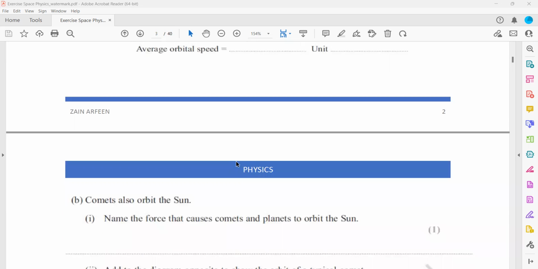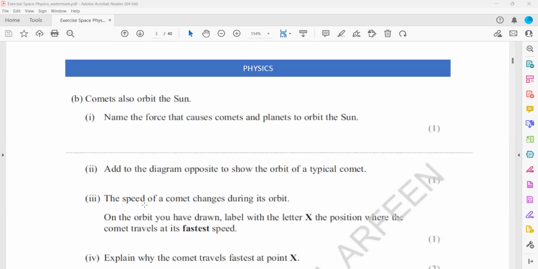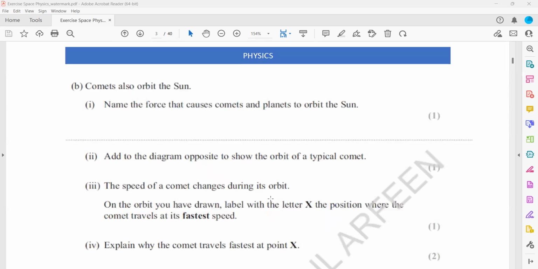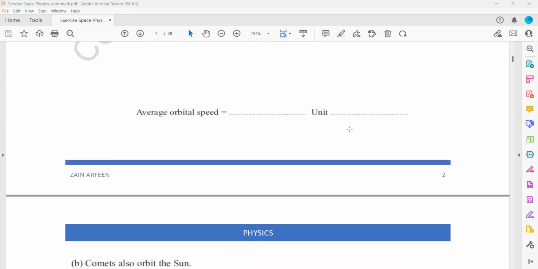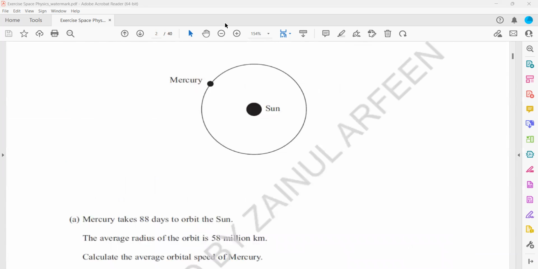And then the next one: the speed of a comet changes during its orbit. On the orbit you have drawn, label with the letter X the position where the comet is at its fastest speed. For example, this is the orbit of the comet I drew.